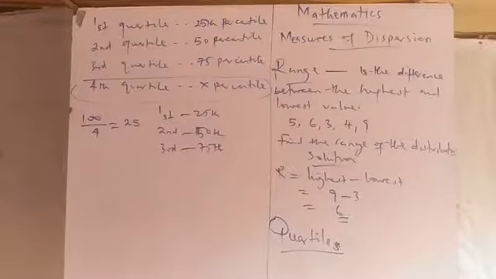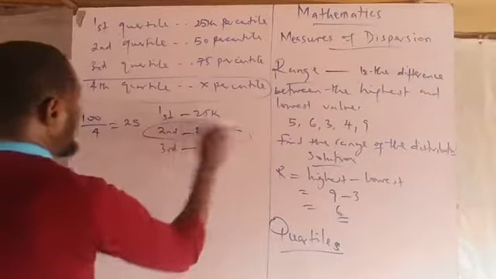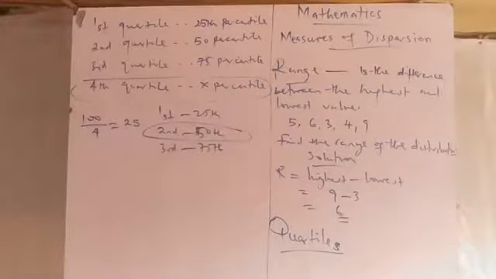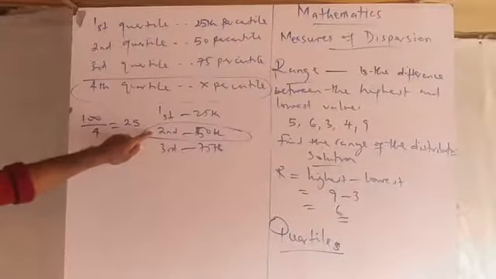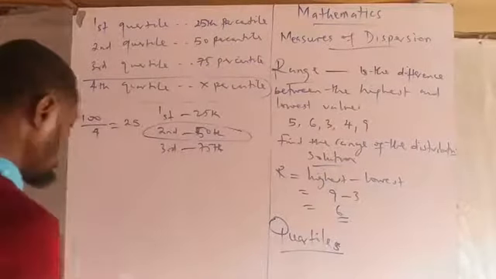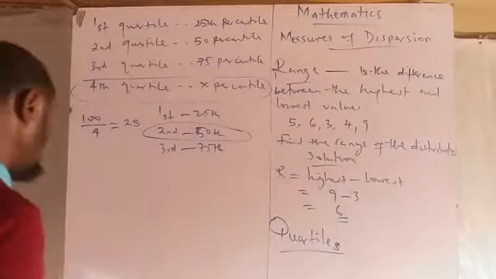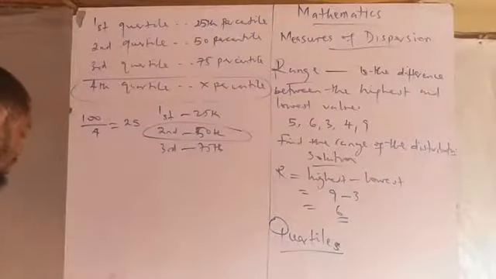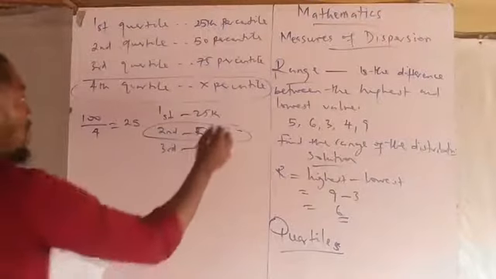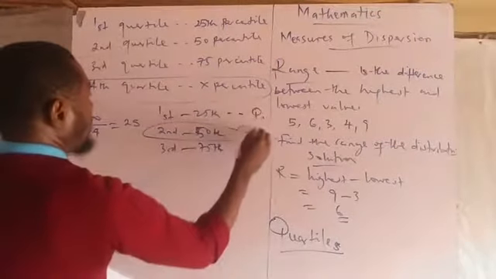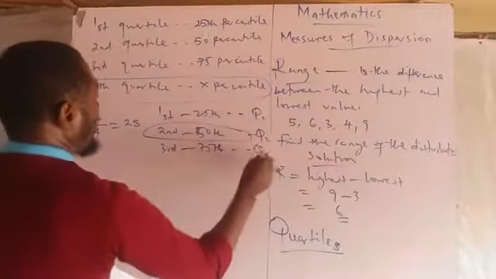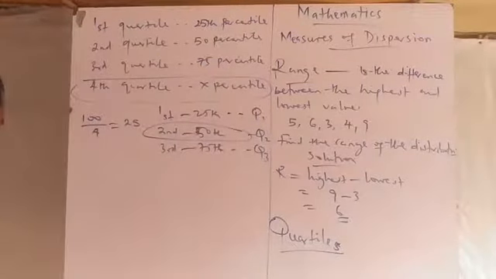If you look at this carefully, you see that the 50th is our median. It's called the median percentile. The 50th percentile, which is a quarter, is called the median. So here we have Q1, Q2, and Q3, with different percentiles.